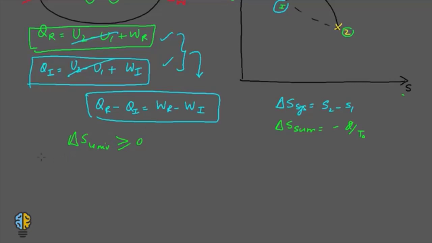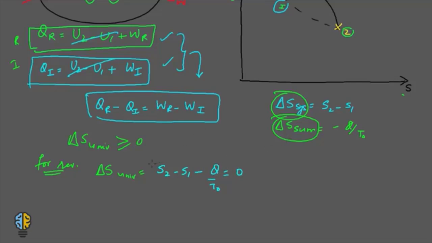Let's make up two cases because we have two processes, one reversible and the other irreversible. For the reversible process, delta S universe, which is equal to delta S system plus delta S surroundings, will be equal to S2 minus S1 minus Q upon T0. This should be equal to 0 because it is for a reversible process.